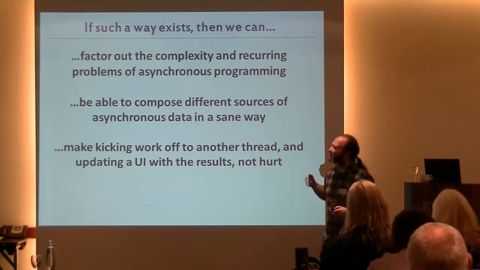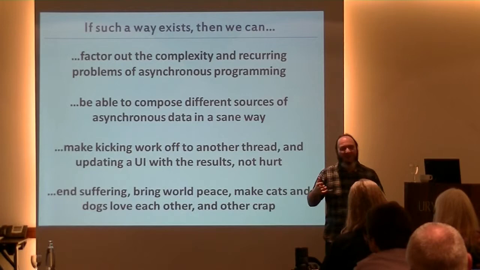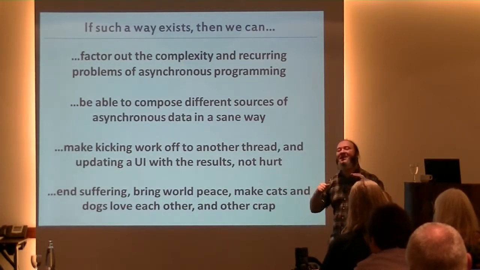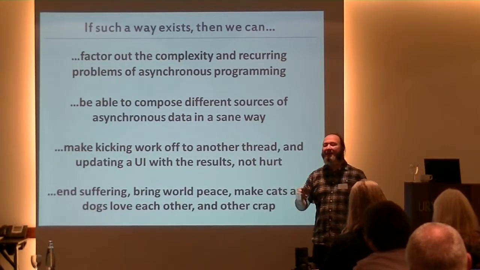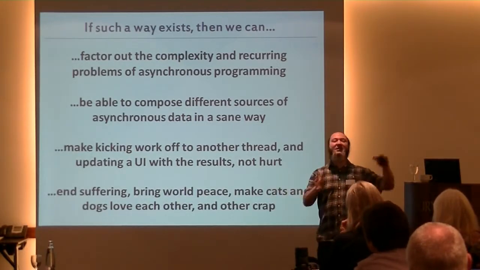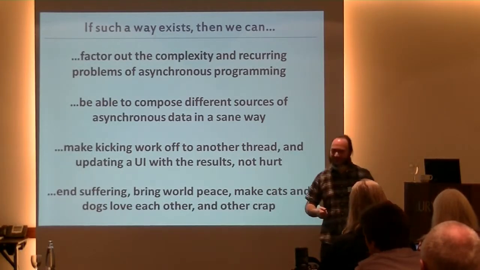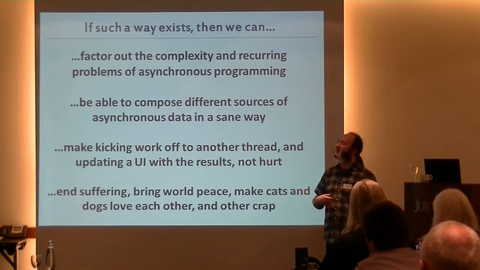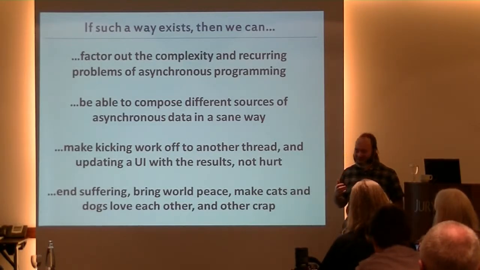If we can figure out a nice way to do that, that would be really great as well. And if we can somehow find a way to take all of these nice things that we get in synchronous programming with lists and drag them into the world of asynchronous programming, with time, with things on the network, things in the file system, things from user events, maybe this would be really, really nice.